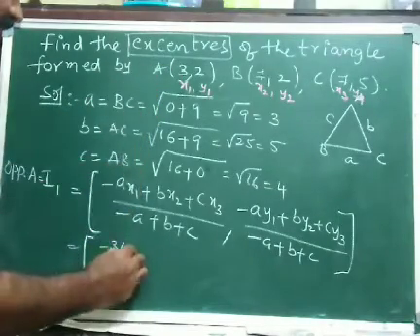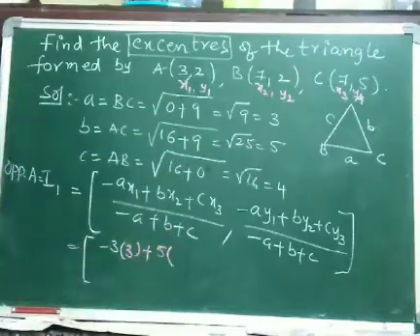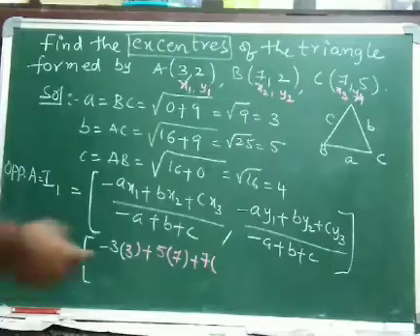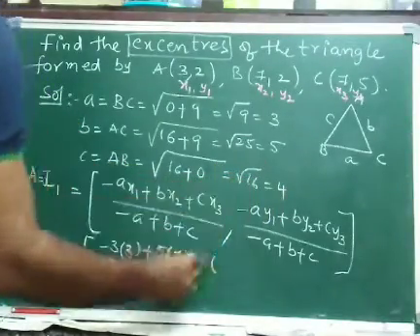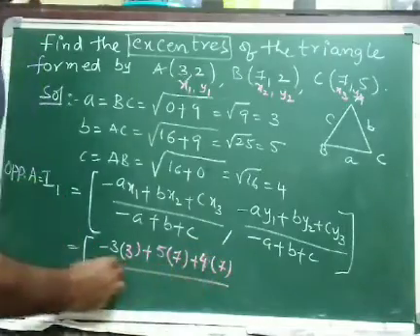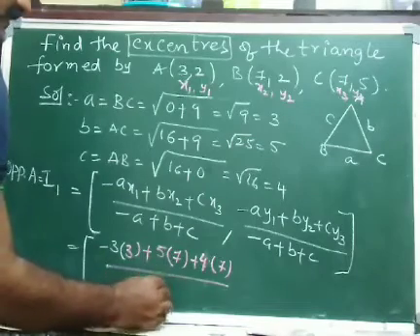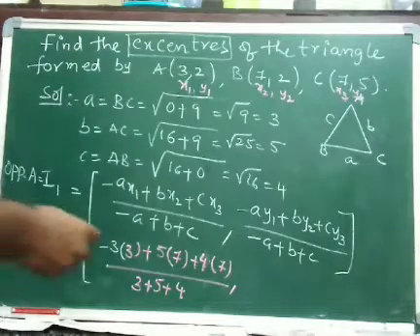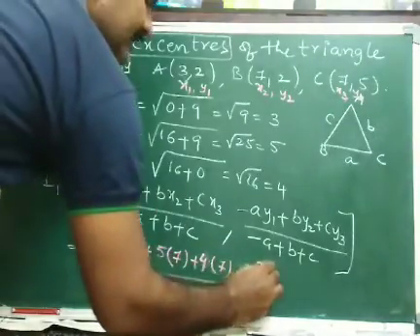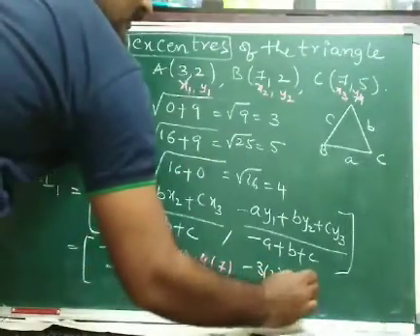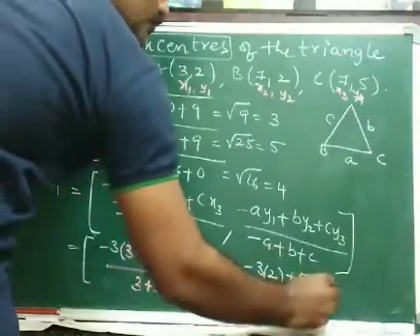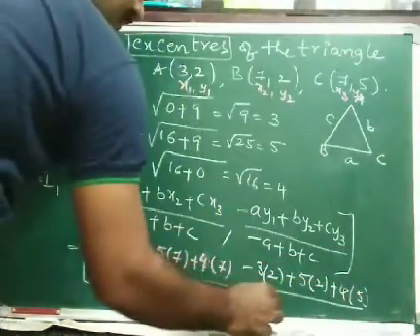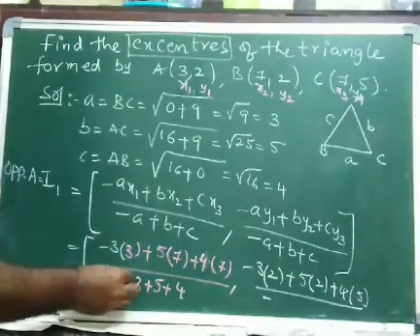So ax1: minus 3 into x1 value, plus b, which is 5 into x2, the x2 value is 7, plus c, the c value is 4, so 4 into 7, by a plus b plus c, 3 plus 5 plus 4, comma, minus ay1: minus 3 into the y1 value, which is 2, plus b, 5 into the y2 value, which is also 2, and plus c, that is 4 into the y3 value, which is 5, whole divided by, here also minus a plus b plus c.